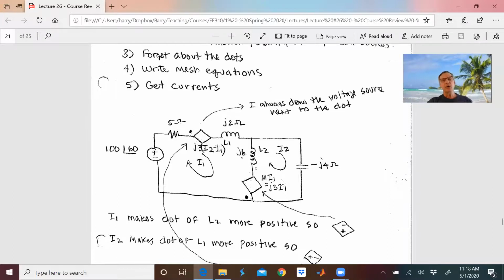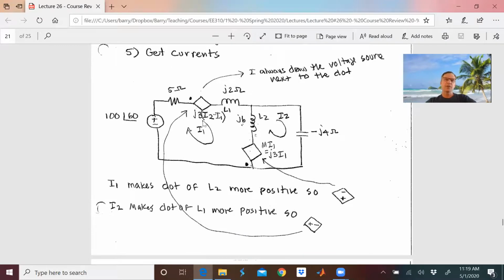But I chose for the first one the current entering the dot, just for consistency. And what you're going to see is that it gives me a positive next to the dot here. But you don't have to do that. All you need is the mutual inductance times the difference in the currents. And for here, the value of this source will be M times I1, which is just J3 times I1.